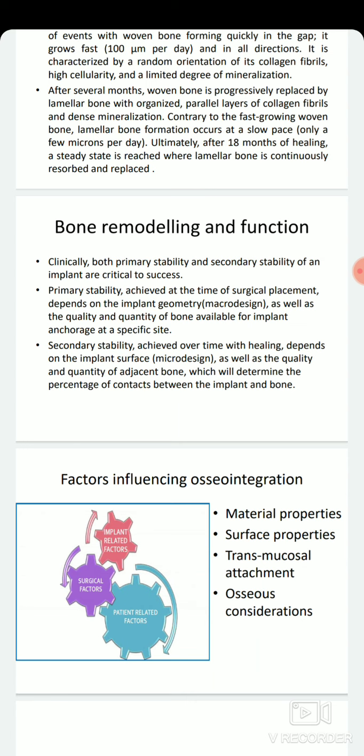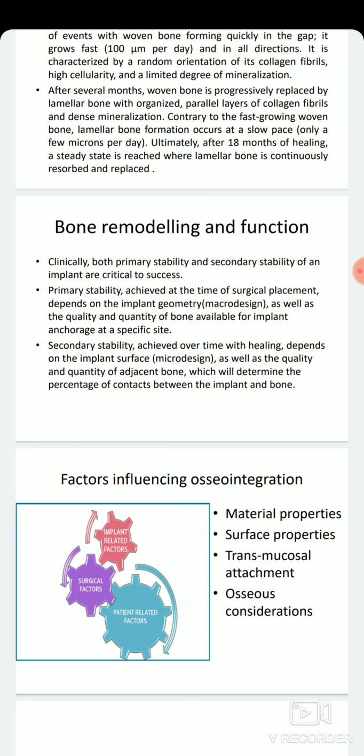Primary stability is achieved at the time of surgical placement and depends on the implant geometry, that is the macro design, which is the classification of implants: endosseous implants, blade implants, pins, root forms, disc-like implants, screw-shaped implants, tapered implants, subperiosteal implants, and transmandibular implants.